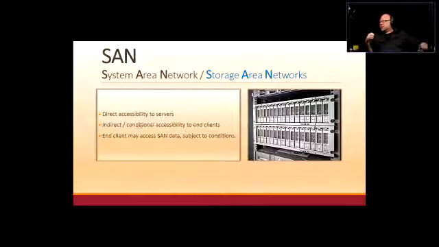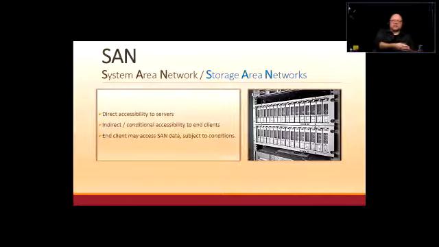Indirect or conditional accessibility to the clients. Well, not everybody has a right to see everything that's on it. These are special types of servers. For example, the accounting personnel would have permissions to enter certain types of files that have to do with their job.